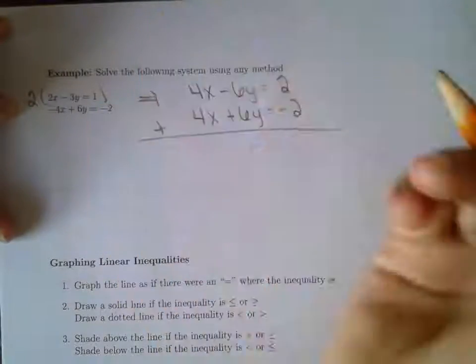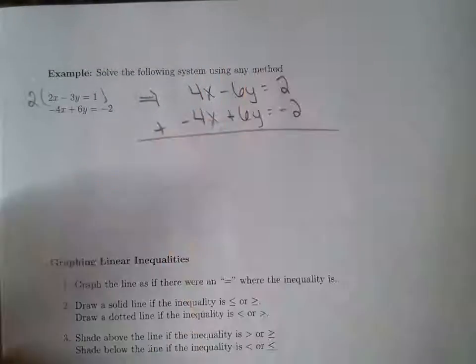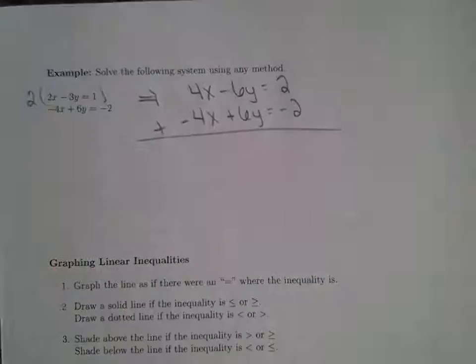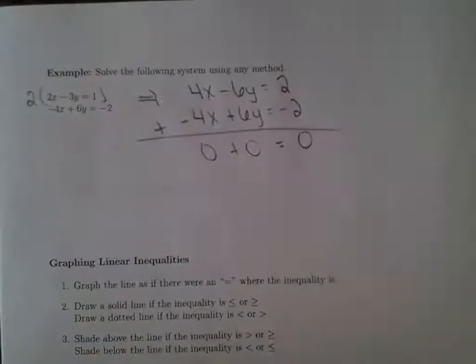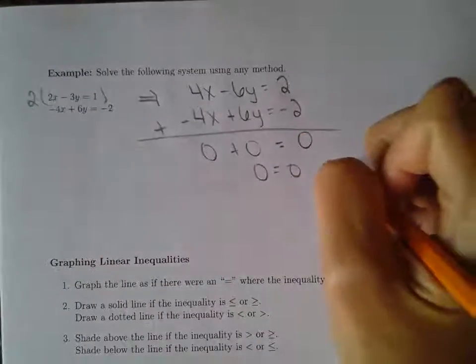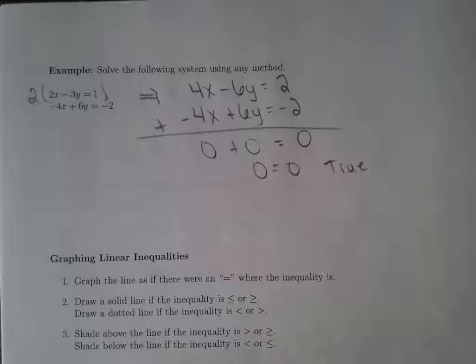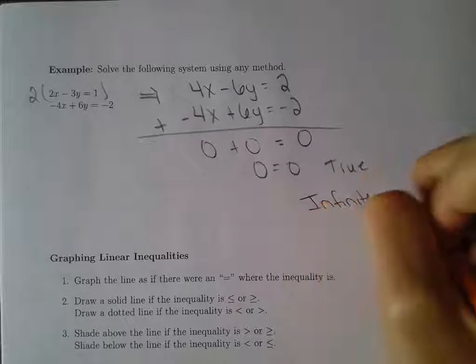Okay, add this together. 0, that's how I set that up, plus 0 equals 0. So now we have 0 equals 0. This is true. So it doesn't matter what you would plug in, you're always going to get a true statement here. So this is actually infinite solutions.